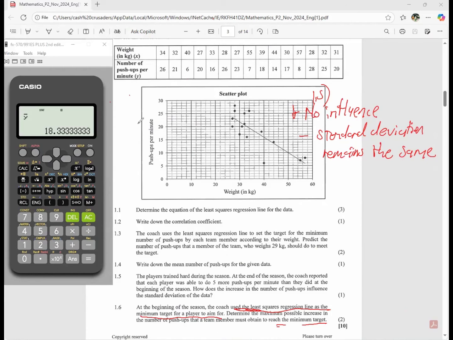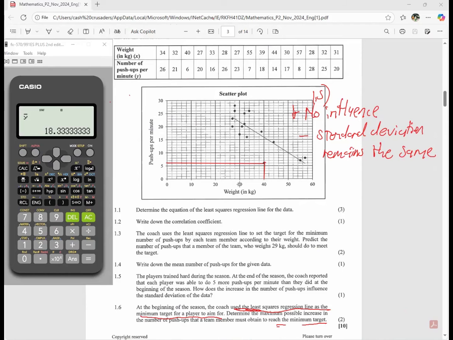So for that, we're going to look at the least performing player there, right? So the least performing player is this one, the outlier here. So at a weight of 40 kg, he has only done 6 push-ups, right? So on a weight of 40 kg, this learner has only done 6 push-ups.